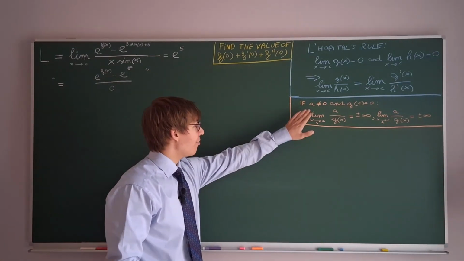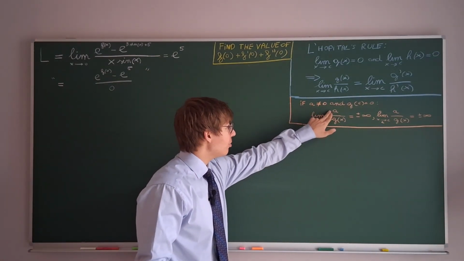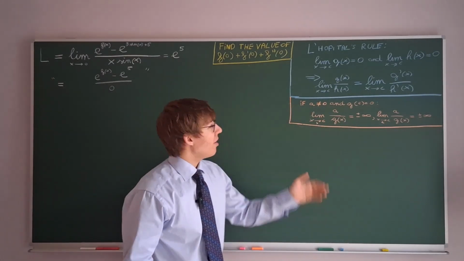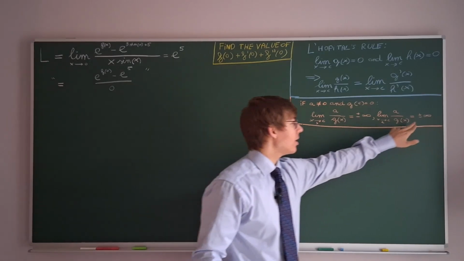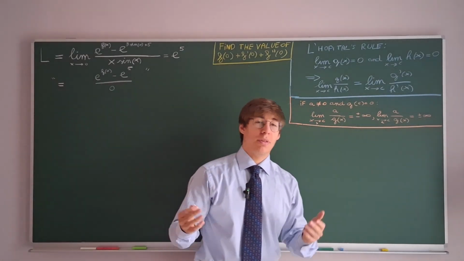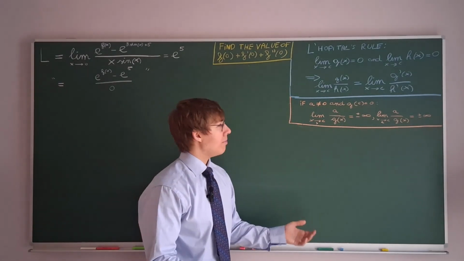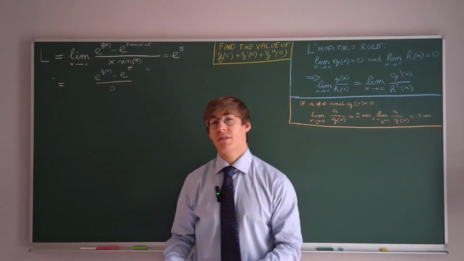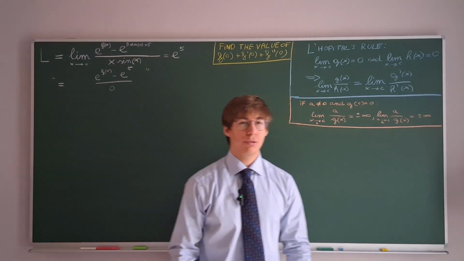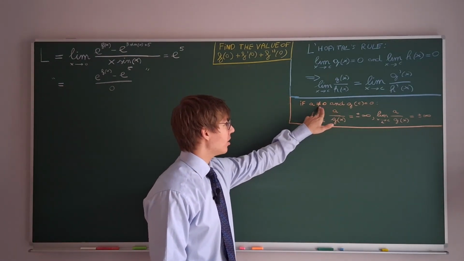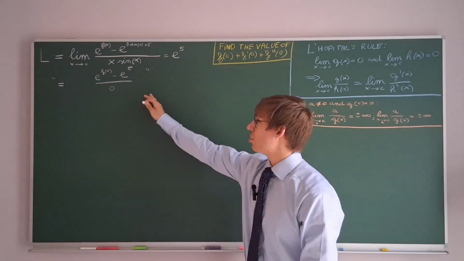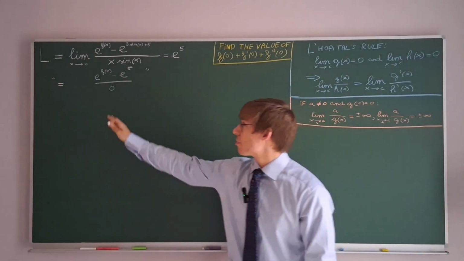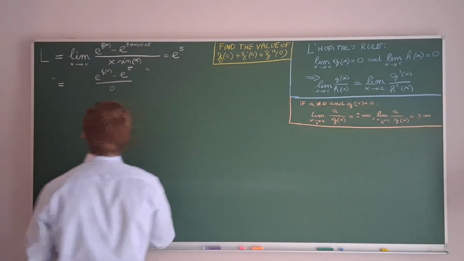But we know that if a value in the numerator is not equal to 0 and the denominator goes to 0, then the value of the limit should be plus or minus infinity, since if you divide by something really small, you get something really big. But we know that our limit is finite. E to the fifth is finite. So we can conclude that the numerator of the fraction, in our case, should be equal to 0. So that's the first reasoning that we can use for solving f of 0.